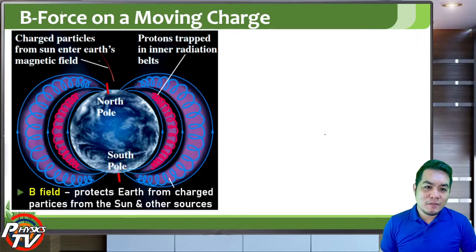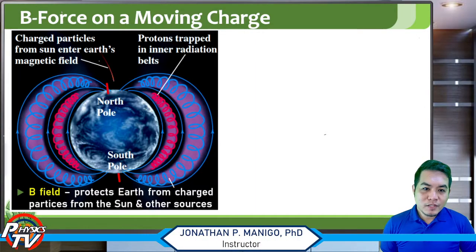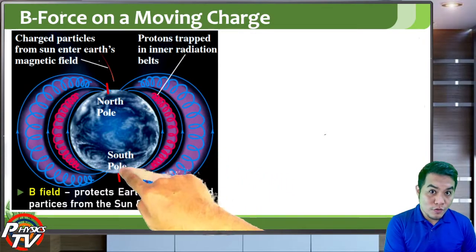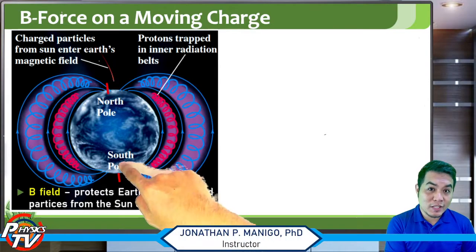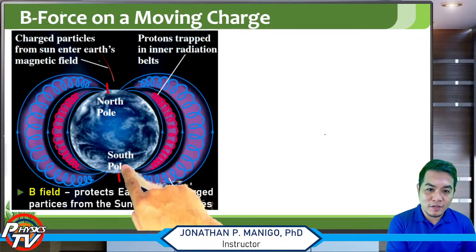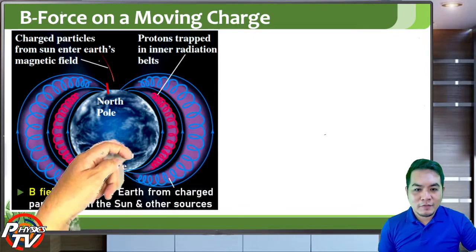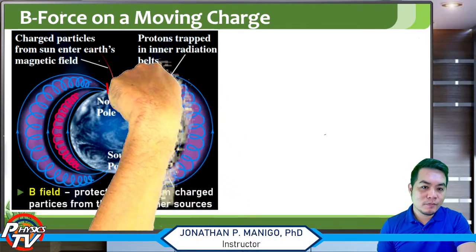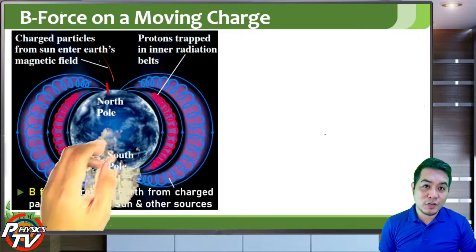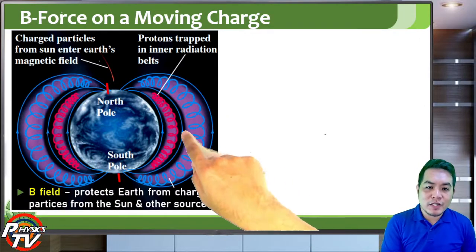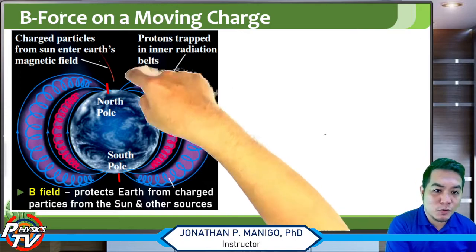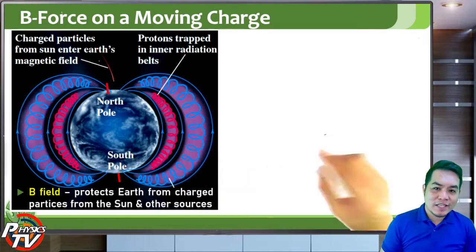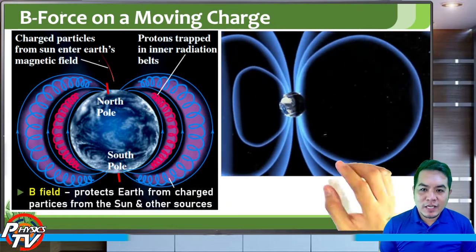The Earth's magnetic field goes from the north magnetic pole, which is close to the south geographic pole, to the south magnetic pole, which is close to the north geographic pole. If you have positive charges, they will spiral around in a helical motion towards the pole. And if you have negative charges, they will spiral around toward the south pole. So this is the magnetic field of the Earth.